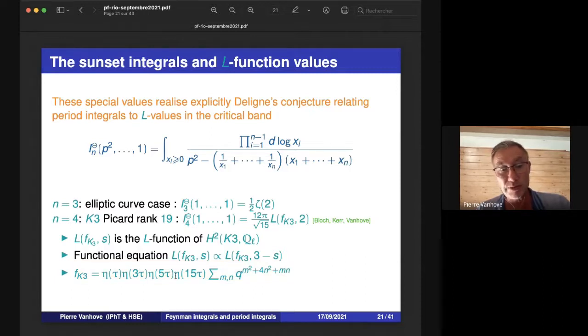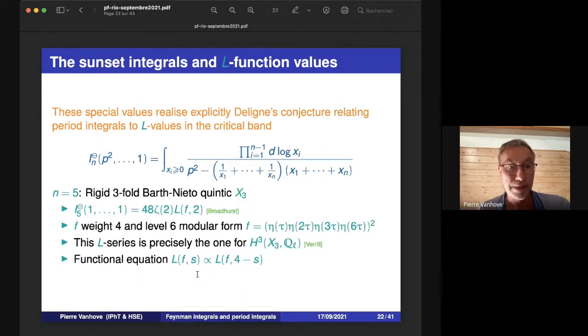So there's a lattice sum, and then there's a product of Dedekind eta functions. Okay. When n equals 5, then Brothers found that this integral evaluates to a number that is zeta 2 times another L function, where the modular form is now weight 4 level 6, given by this product of eta, Dedekind eta functions squared.